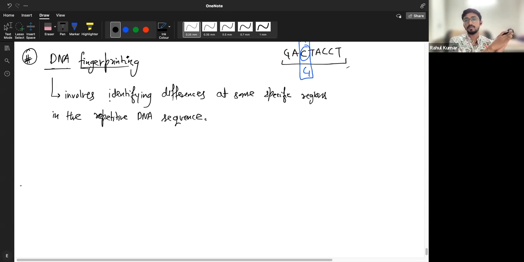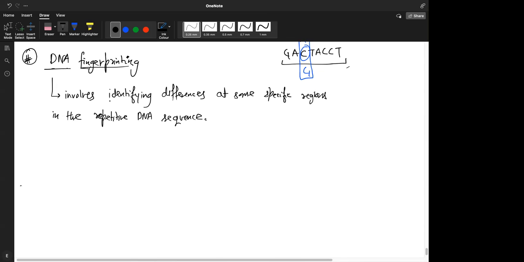If you collected a sample from a crime scene, let's say, and you want to figure out who the criminal is, you take the suspect samples and just look at that region, and if it matches with any suspect, then that DNA from the crime scene belongs to that suspect. That's called forensics, the DNA test. You must have heard that through forensics you can get to know.